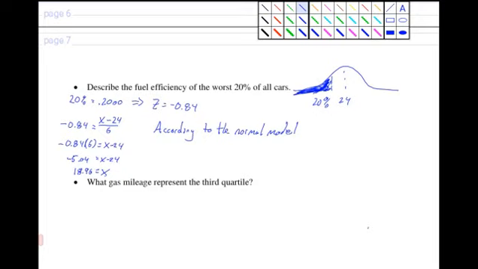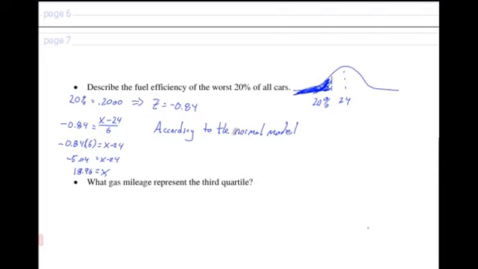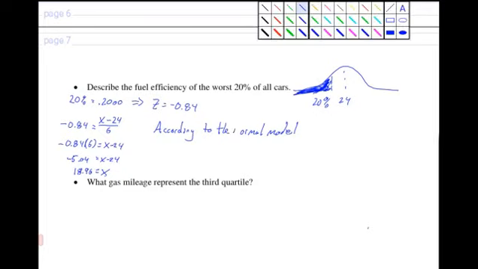And I forgot to capitalize my N, that's a big no-no. Name of the model, always capitalize it.